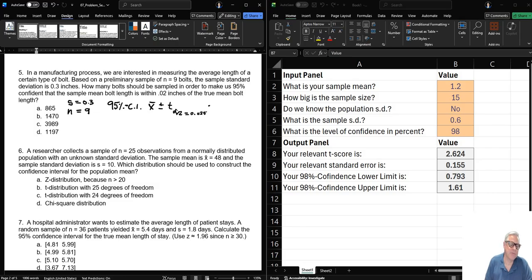Because we only have a preliminary sample standard deviation, we have to use this as equals 0.3 over the square root of n.